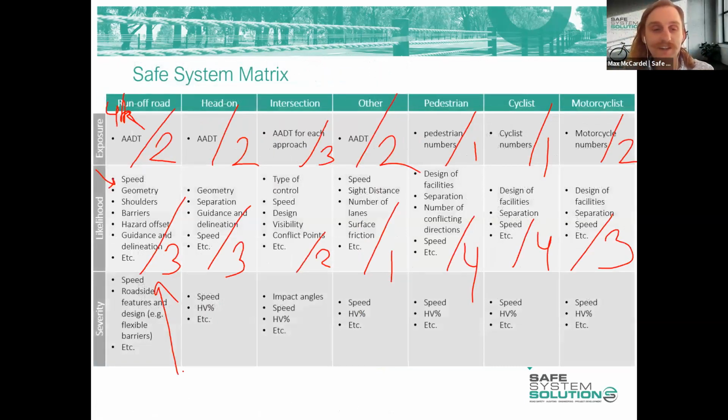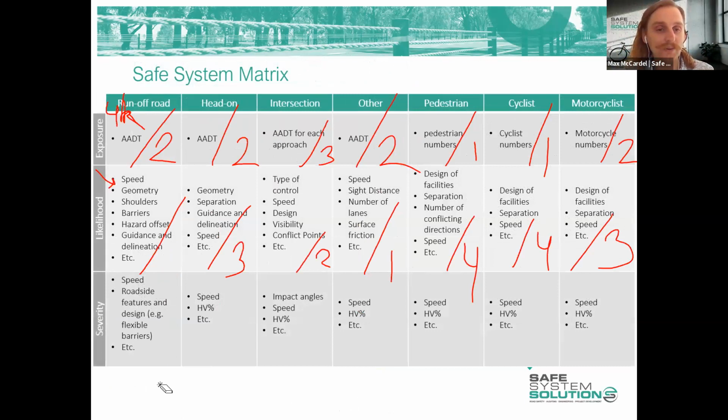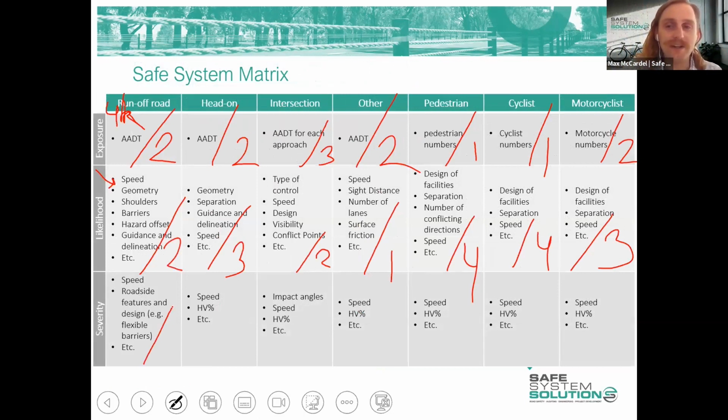I'm going to do the same exercise now and start picking some numbers for our severity. I can't remember what this number was, so I'll put down 2. Run-off road severity, just as an example, let's say that if they run off road in this scenario, it's highly likely that will be fatal or serious injury. If there's a head-on, it's highly likely that will be an FSI.